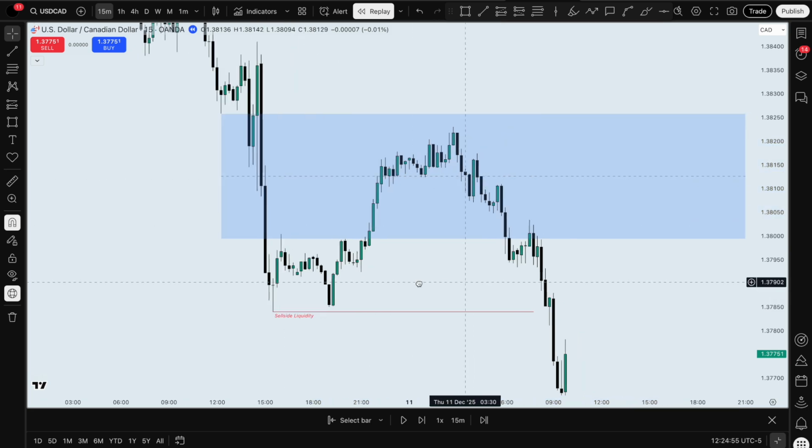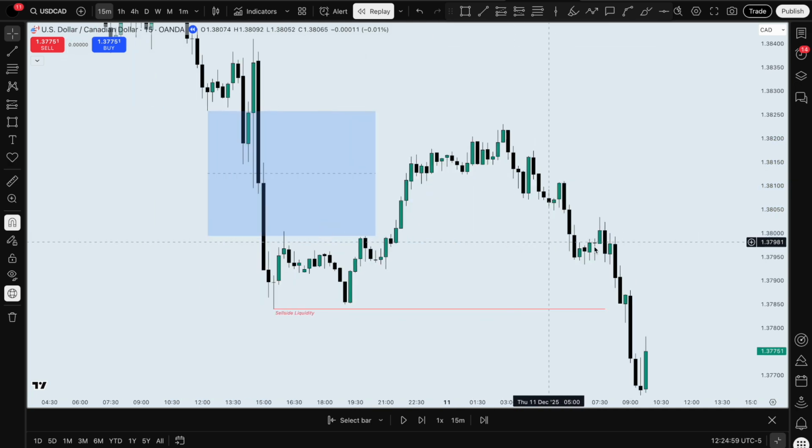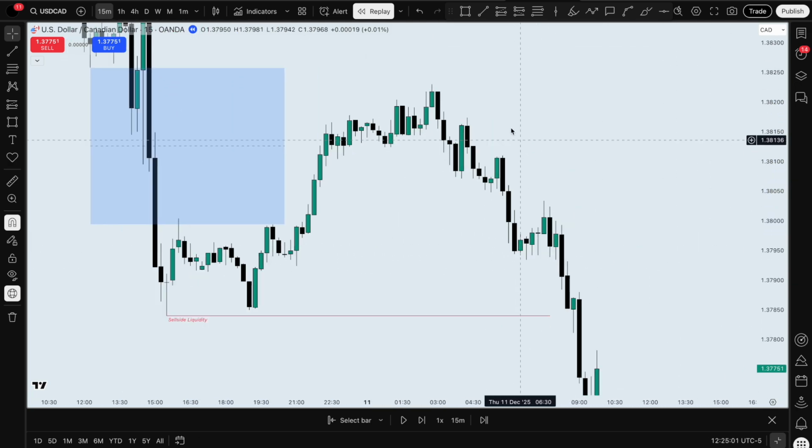basically look how clean price is on the 15-minute time frame. That's why we use time frame alignment, and that's why when we have a 4 hour PD array, we drop down to the M15, right?